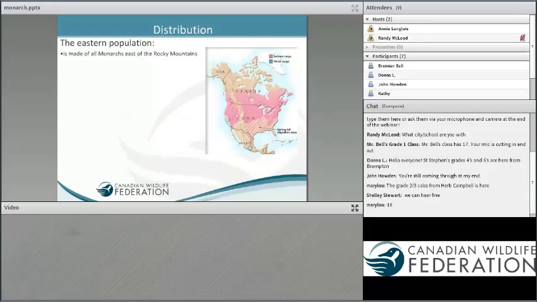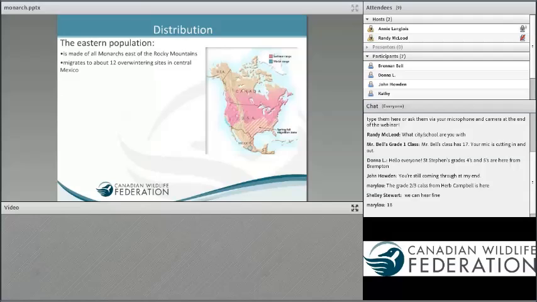So everything east of those mountains is part of the eastern population's monarch habitat. Monarchs can be found anywhere east of the Rocky Mountains. That's why they're the most populous. That's why they're 90% of the whole monarch population, because they have such a broad habitat to live in.